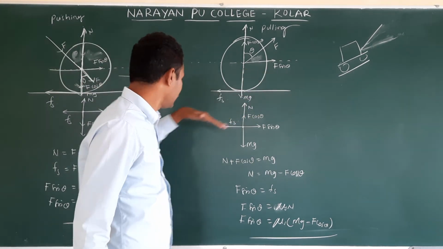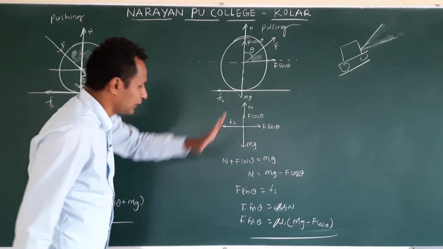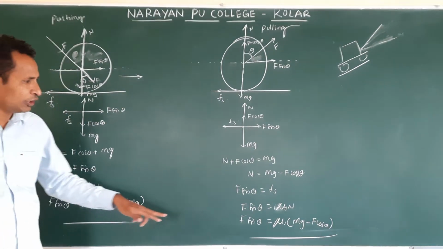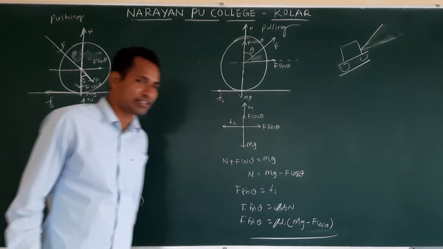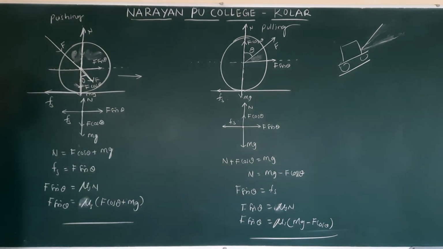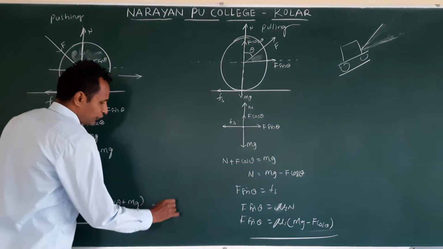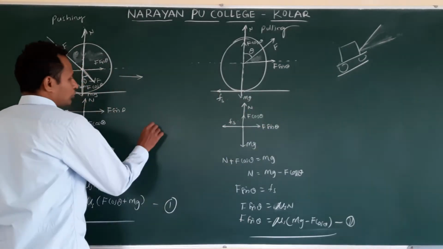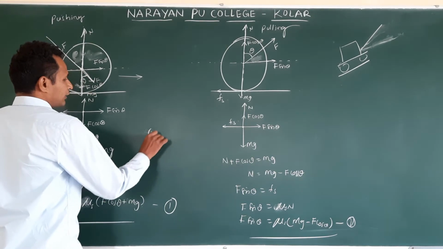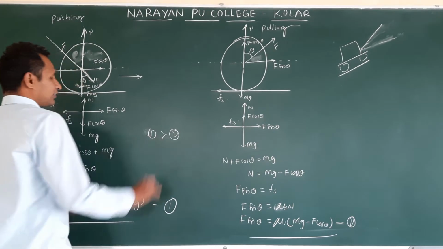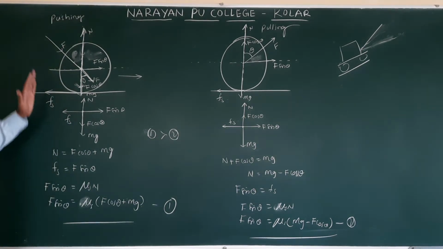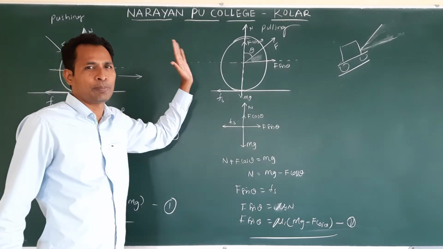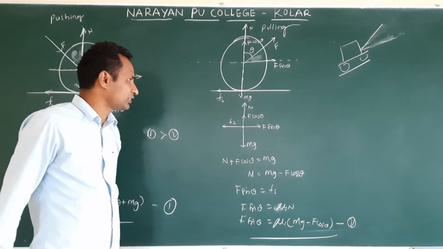Here F sin theta, here also F sin theta. What is the equation? Mu s into (F cos theta plus mg), and mu s into (mg minus F cos theta). Which is more, the first case or the second case? This is first and this is second. Which will be more? F in the first case is greater than in the second case. That's why pushing is harder than pulling. That's why we prefer pulling the object.